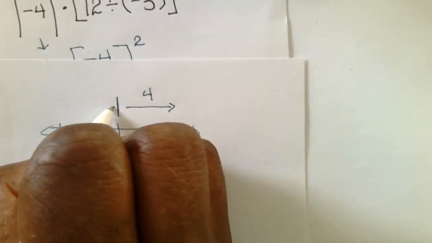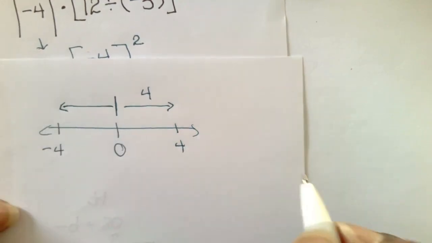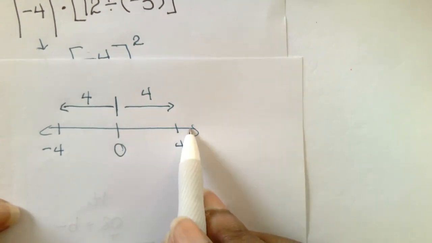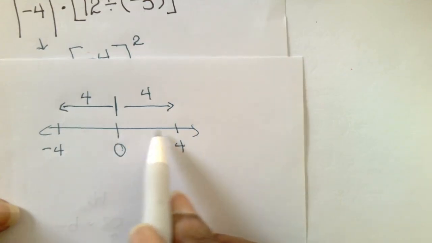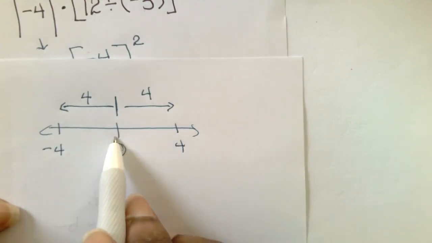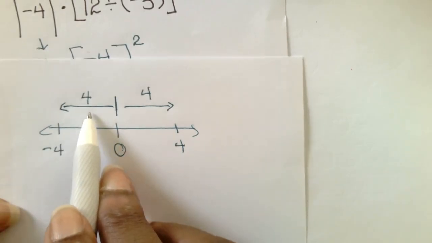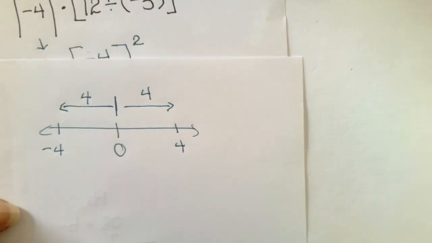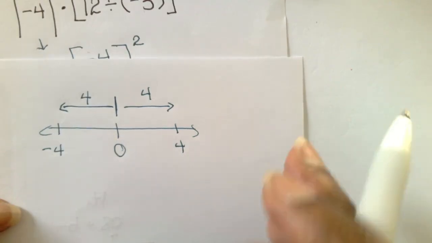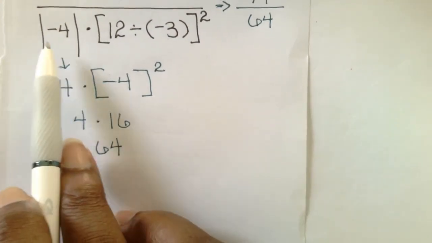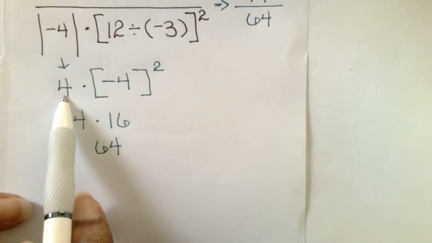From my house to my downtown friend is also 4 blocks. So the whole premise of an absolute value is your distance away from 0. Even though you're going in the opposite direction, I'm still 4 blocks away from my friend's house. Okay? So that's why the absolute value of negative 4 is positive 4.